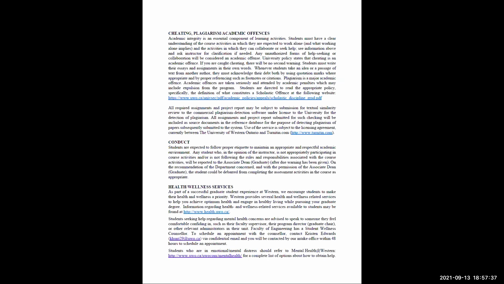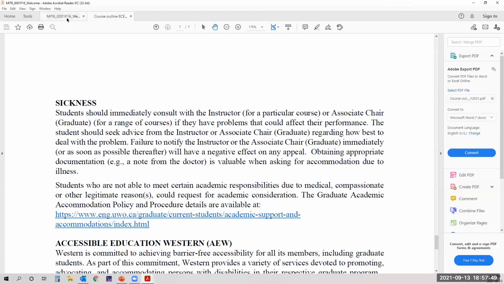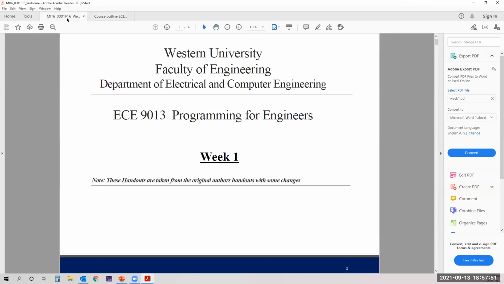Here is the cheating, the code of conduct, the health and wellness services, accessibility, which is generic Western policy, and you should be aware of all of those. So here we'll have week 1. Most of these handouts are taken from the MIT Press handouts, which are the original author's handouts, with some changes that we made here at Western.